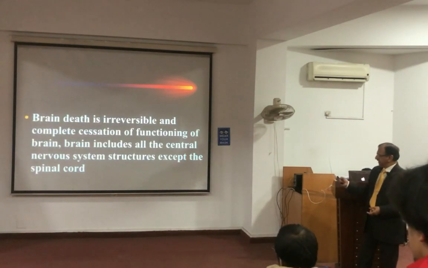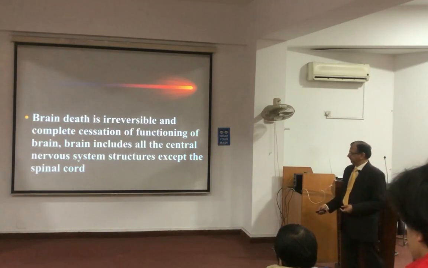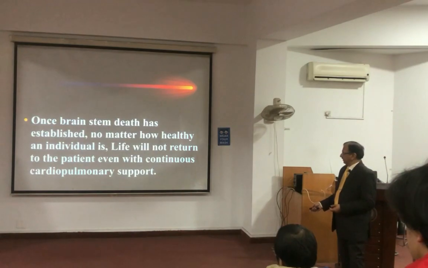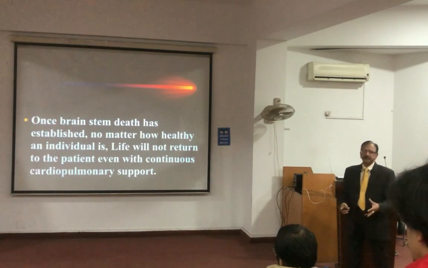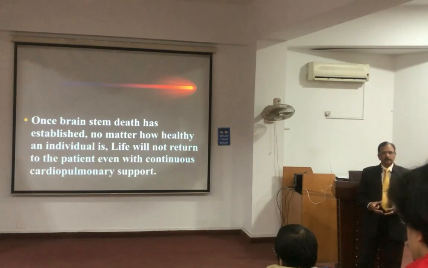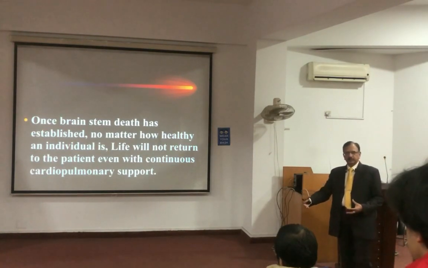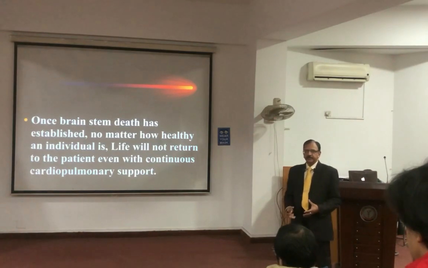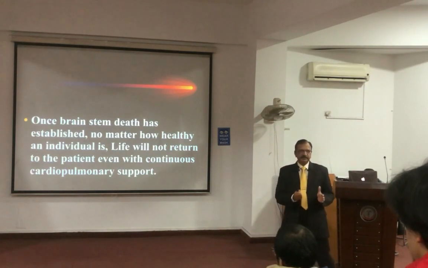So brain stem death is irreversible and it cannot be reversed. So once the brain stem death has been established, no matter how healthy the individual is, no matter the components and parts are alive, brain death has been established.